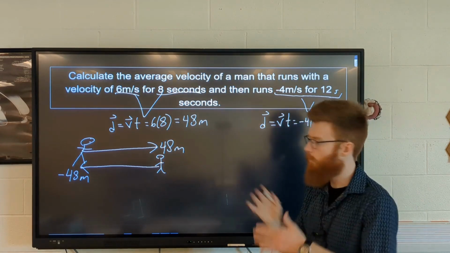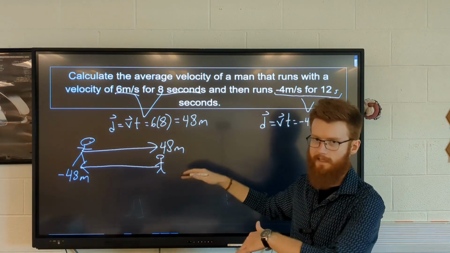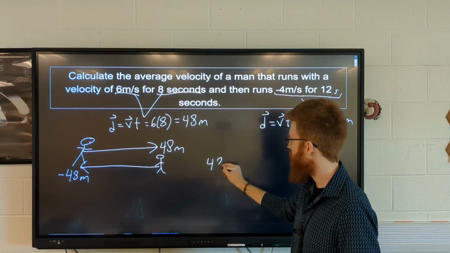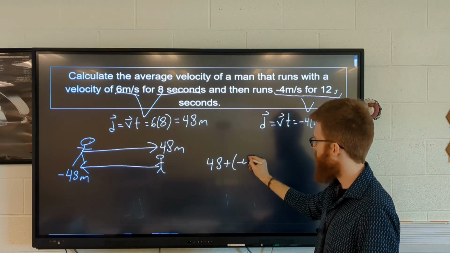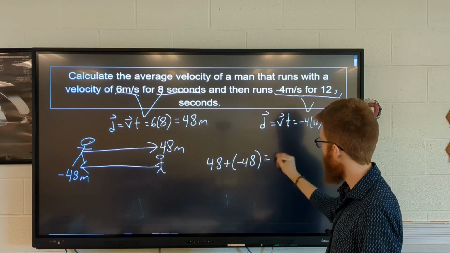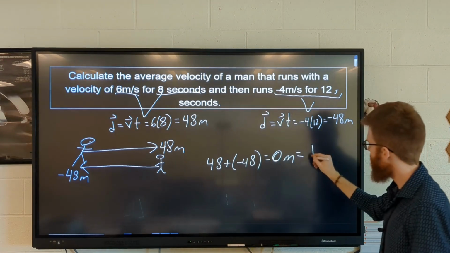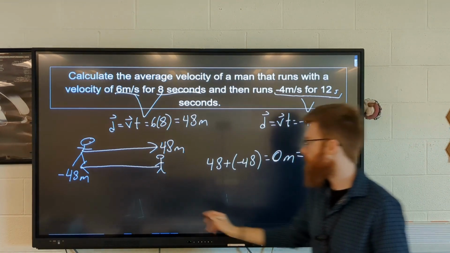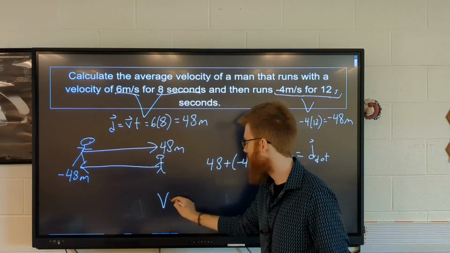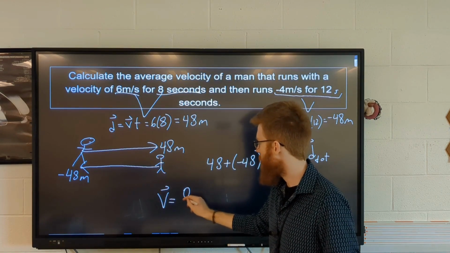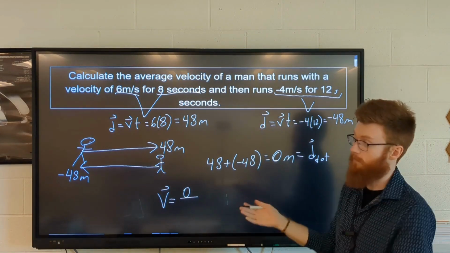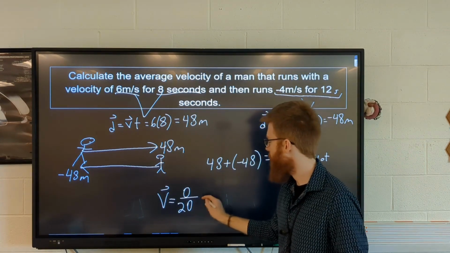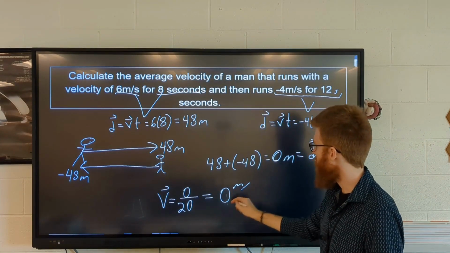So in total, his total displacement would be those added together, but 48 plus negative 48 is, of course, 0. That's his total displacement. Anytime that happens, that's going to make our average velocity 0 divided by, well, it doesn't really matter what, but in this case, 12 plus 8, 20 seconds, 0 meters per second.